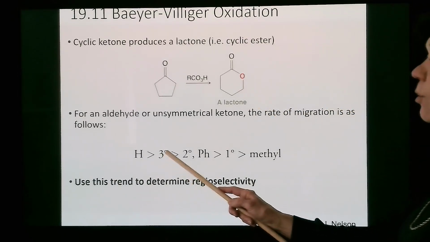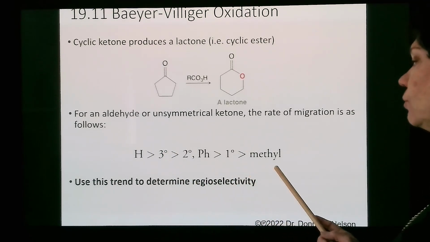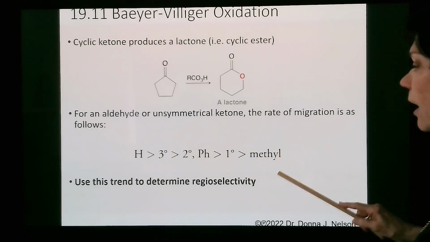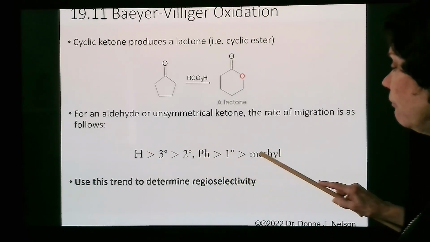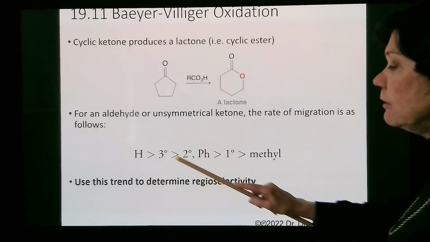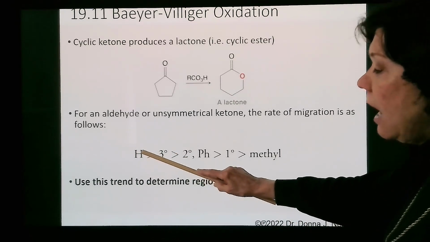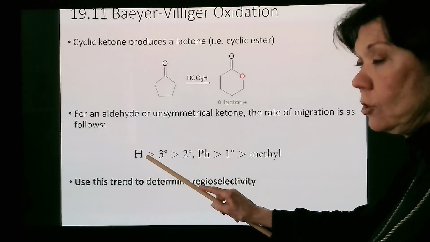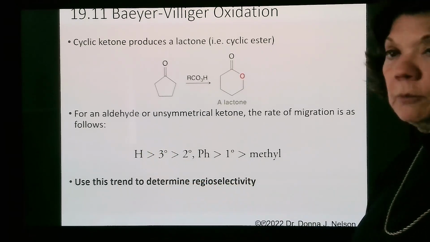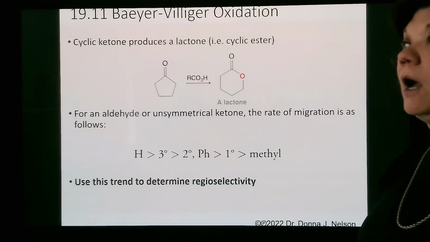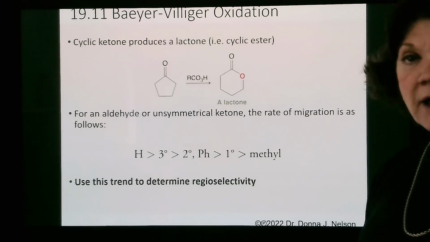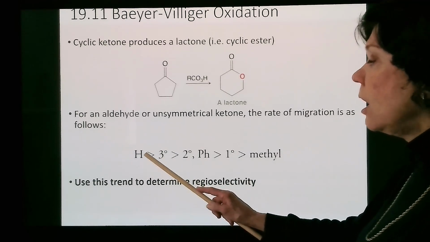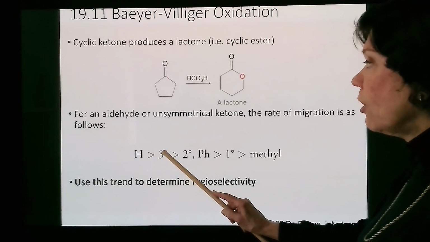For an aldehyde or an unsymmetrical ketone, you'll have to make a decision which group will migrate. The one that migrates, here's the order of migrating preference. So notice that hydrogen comes before any of the others. So hydrogen, probably because of its size, the smaller groups have a slight preference to migrate frequently, and so here the hydrogen is going to migrate.